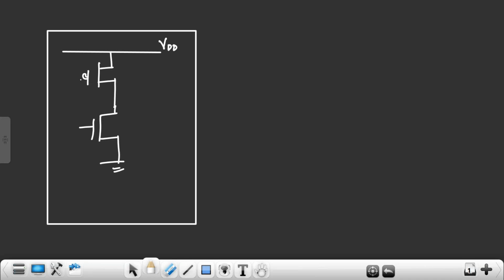Both are connected, this is Vin and this is Vout. This is the schematic structure of a CMOS. CMOS stands for complementary metal oxide semiconductor. It's an inverter, and basically this inverter is implemented by using CMOS.